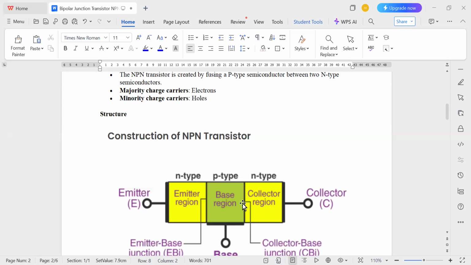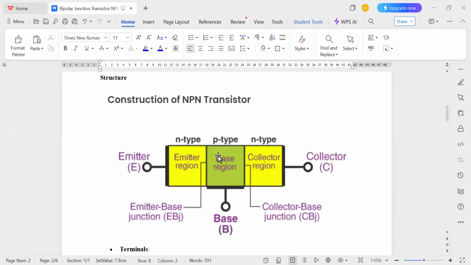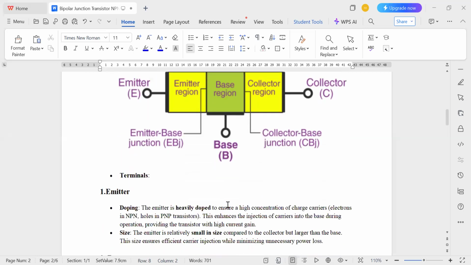The collector size is the largest in the transistor. So this is about the collector. The junction formed between the emitter and base is called the base-emitter junction. The junction formed between the base and collector is the collector-base junction.